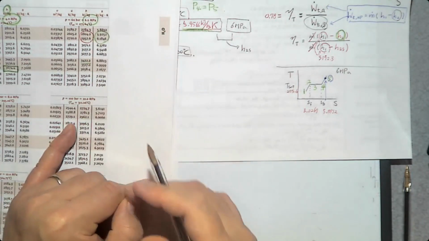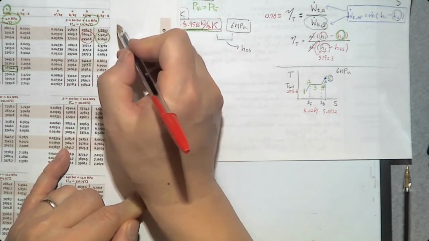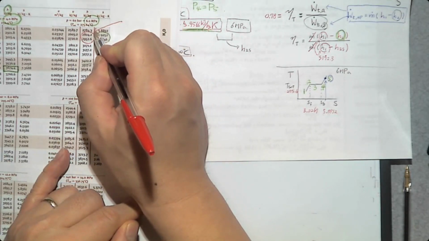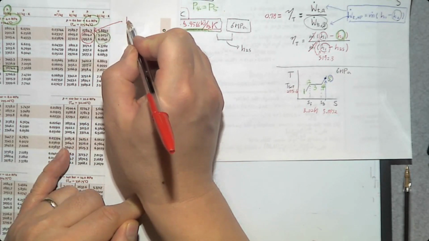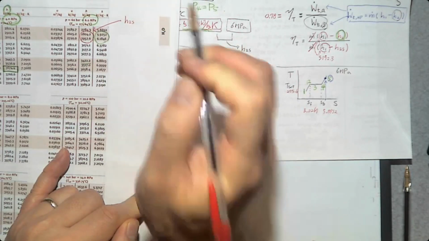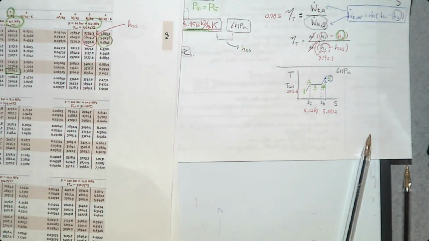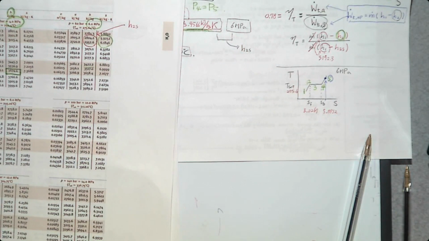So what we need to do is a linear interpolation to determine h2s. So if you do that, h2s is 2822.2.